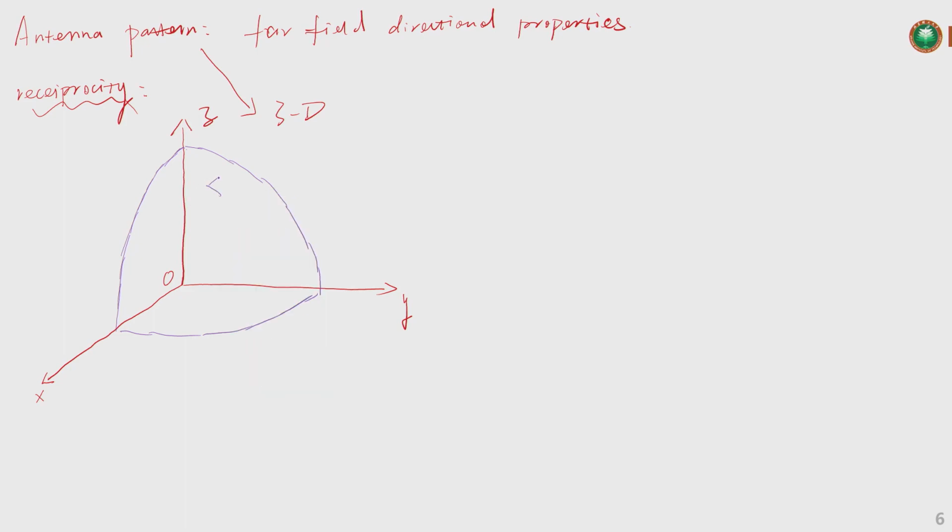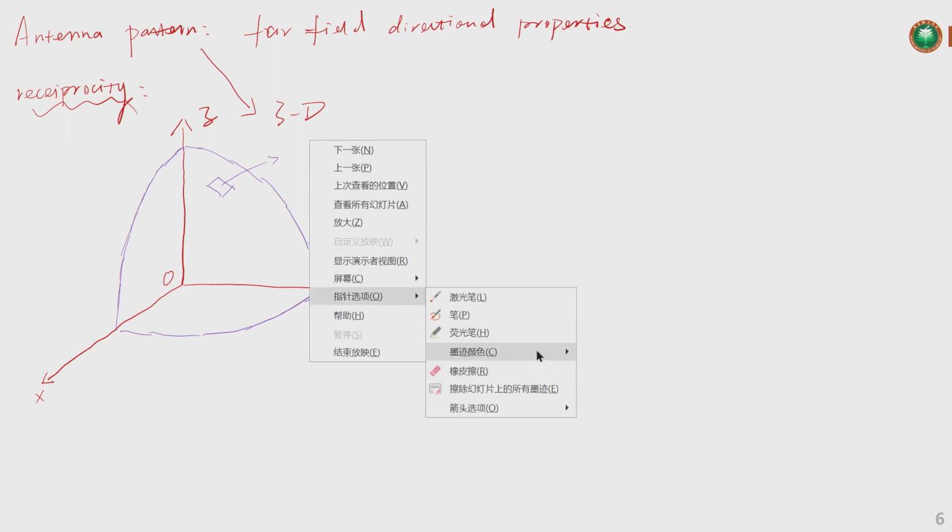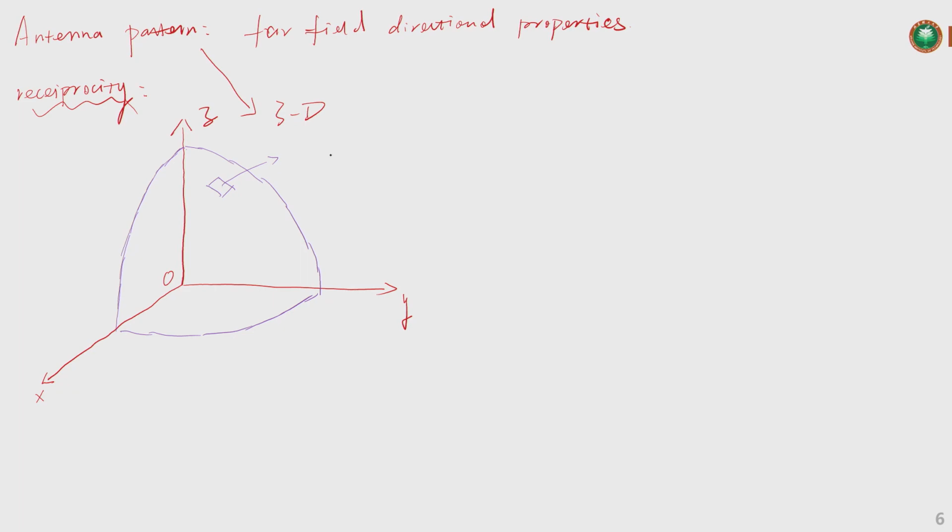I think most of you should be familiar with it. The area A can be expressed as r squared sin theta d theta d phi, defined for the unit area on a sphere in the spherical coordinate system. It can be expressed by this equation, right?